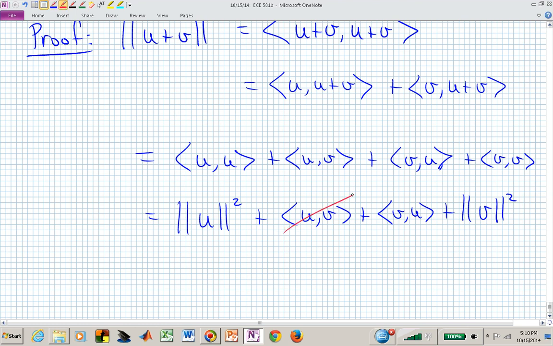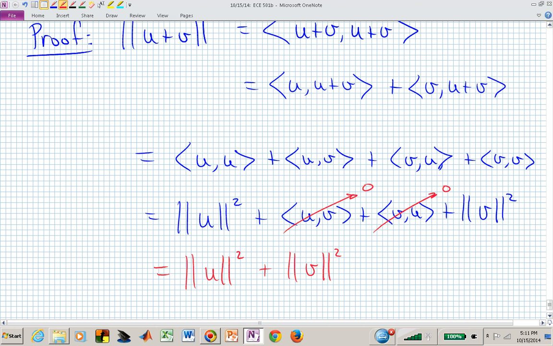Now we know that this is 0, this is 0 by hypothesis, so that we now have the norm squared of u plus v equal to the norm of u squared plus the norm of v squared, under what condition? As long as u and v, those vectors, are orthogonal in the vector space.